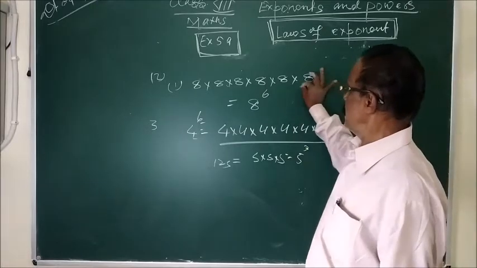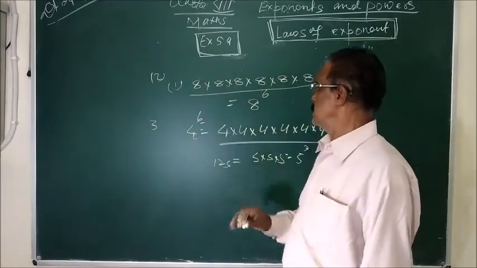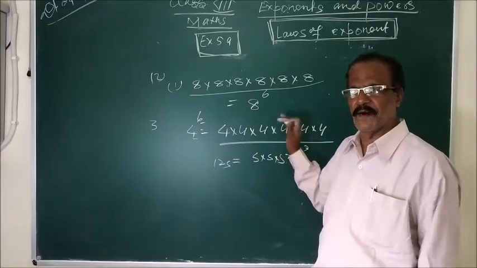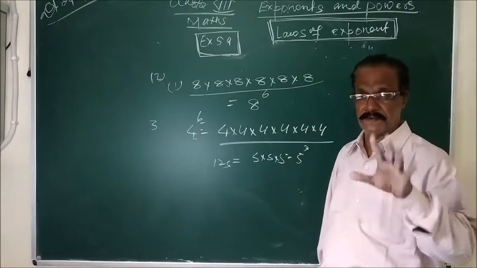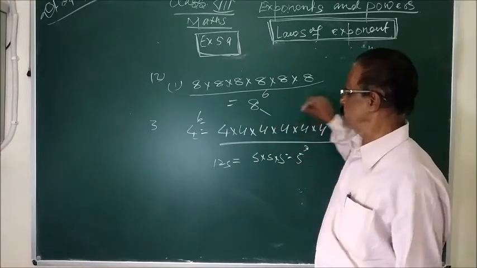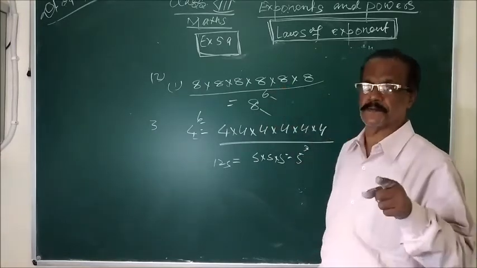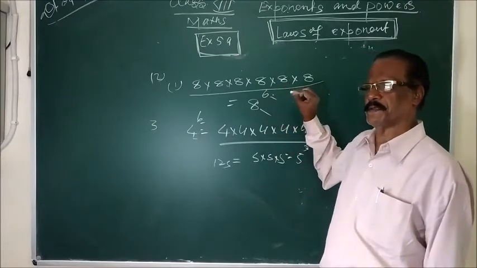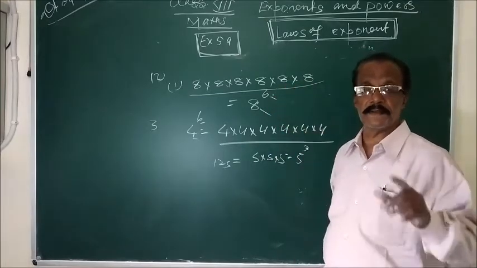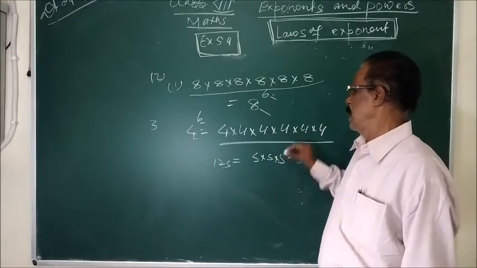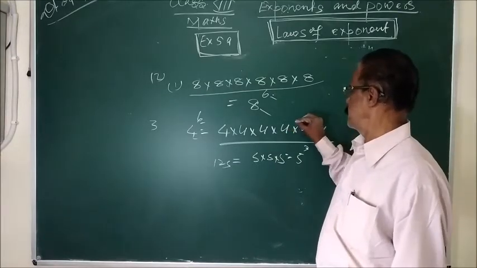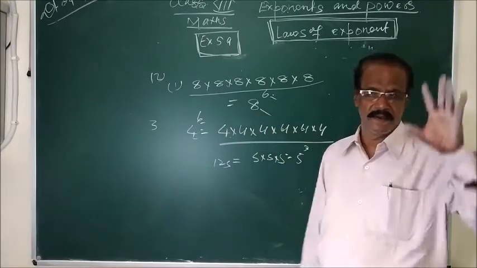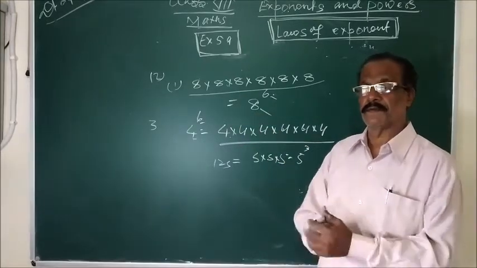Suppose here you see 8 into 8 into 8 into 8. How can you write it in exponential form? 8 power 6, because 8 is multiplied 6 times. This is called the base, this is called the exponent, or power. We read it as 8 is raised to the power 6. And this is 4 into 4 into 4 into 4 into 4 into 4. How many times? 6 times. So 6 is the power, 4 is the base.